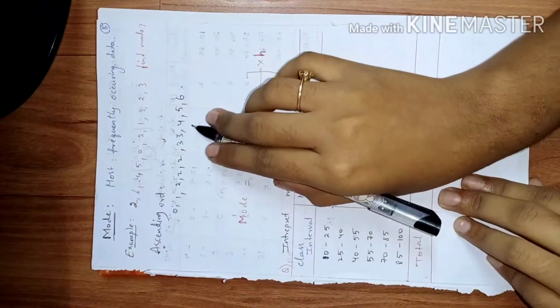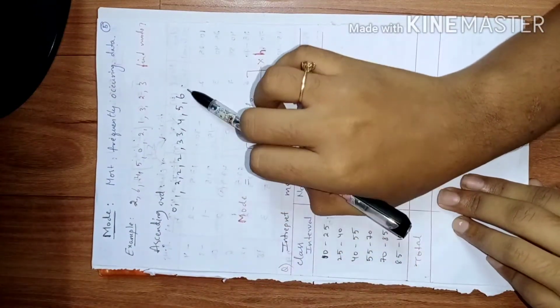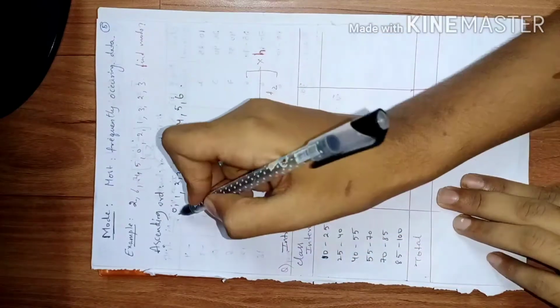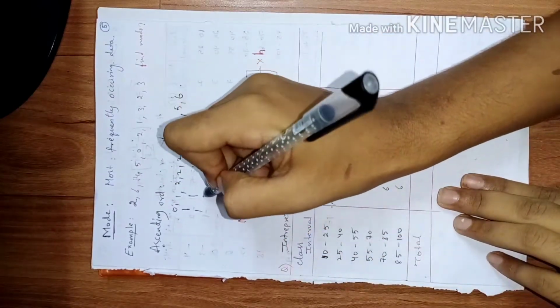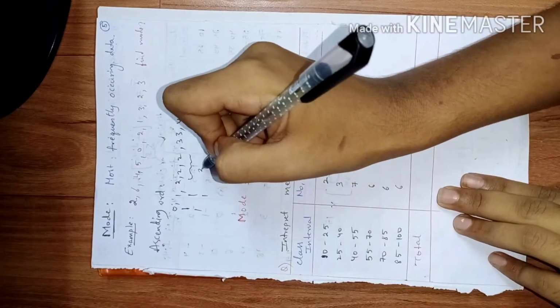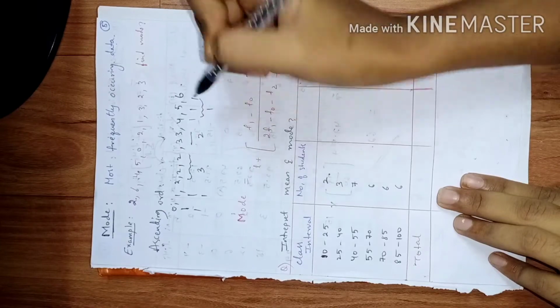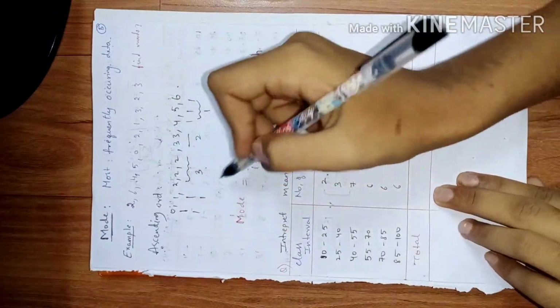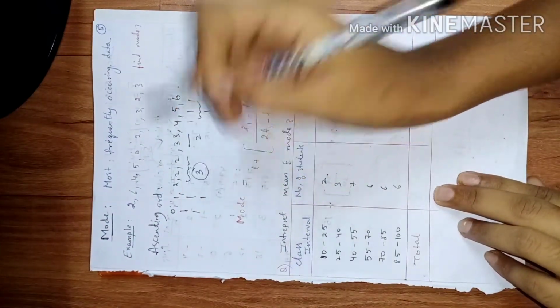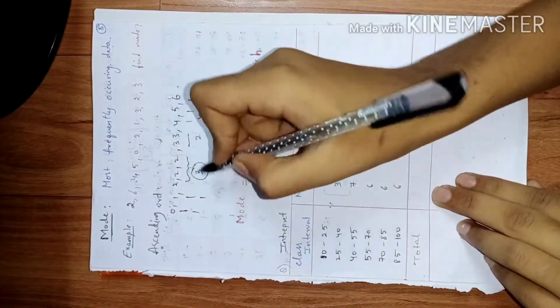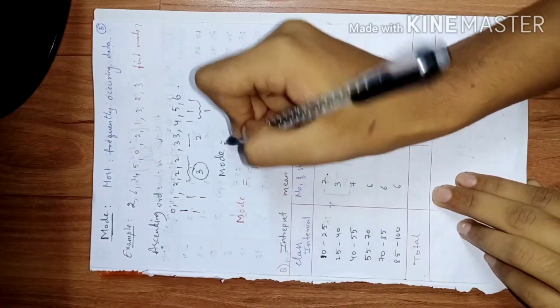This is the arrangement of these numbers in ascending order. Now you need to find how many times each number is repeated. 0 is repeated 1 time, 1 is repeated 1 time, 2 is repeated 3 times, 3 2 times, 4, 5, 6 all 1 time. So the number which is repeated many times is considered as mode. So here the mode is 2.